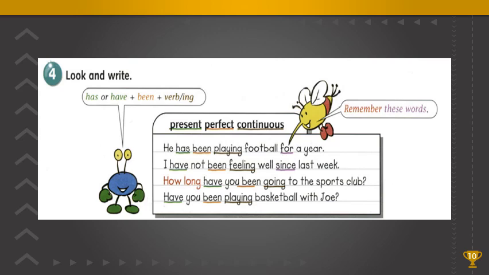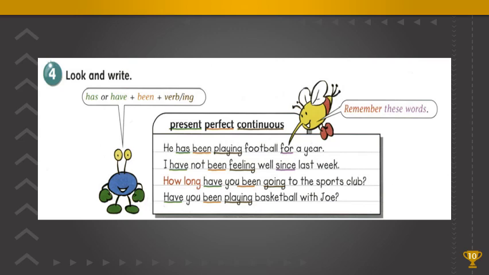But in the sentence we have been going. Now, why did it use have? Because the subject is you, and you as well as I should always use the auxiliary verb have.